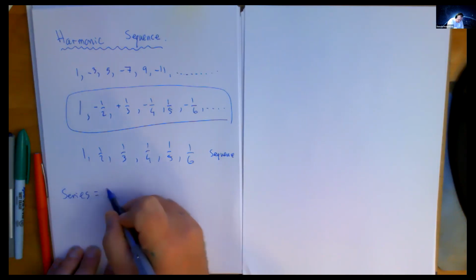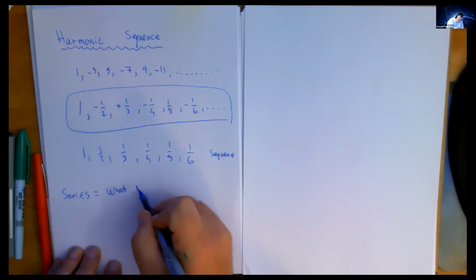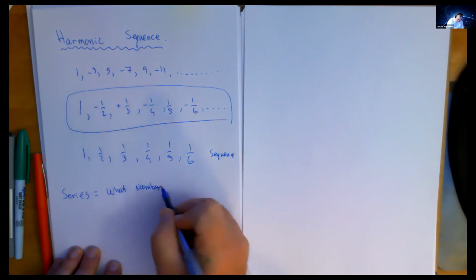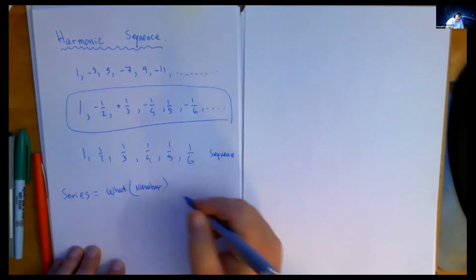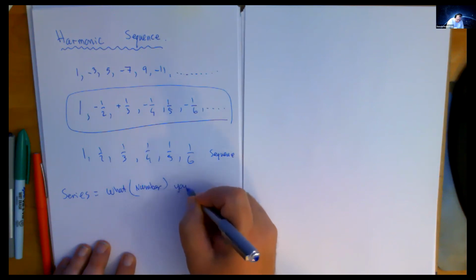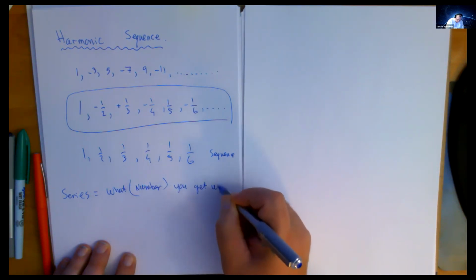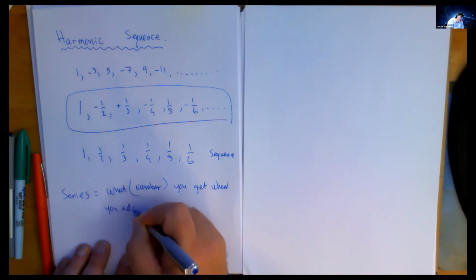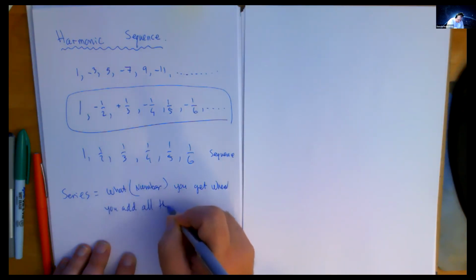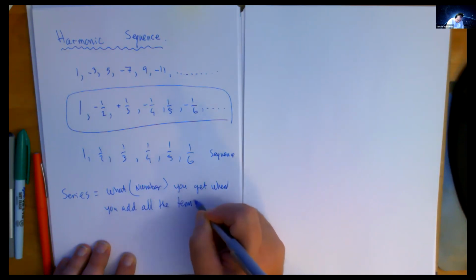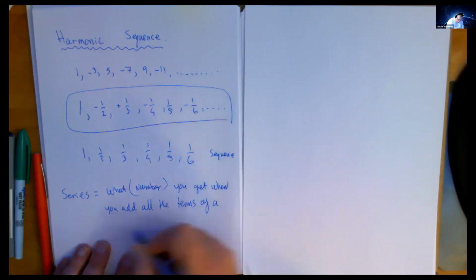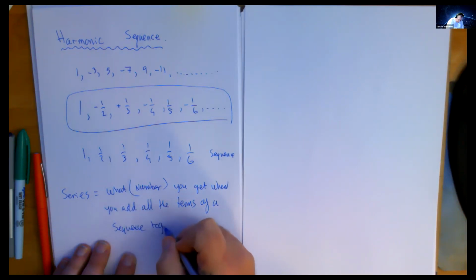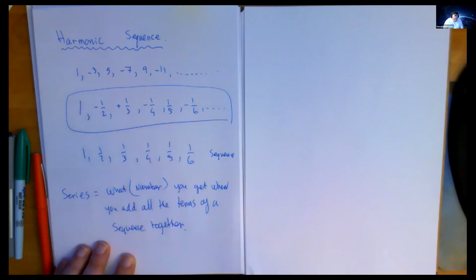A series is, and I'll use that vaguely, what number you get when you add all the terms of a sequence together. So a series is just one number.